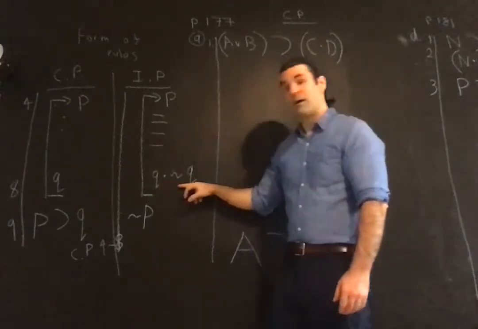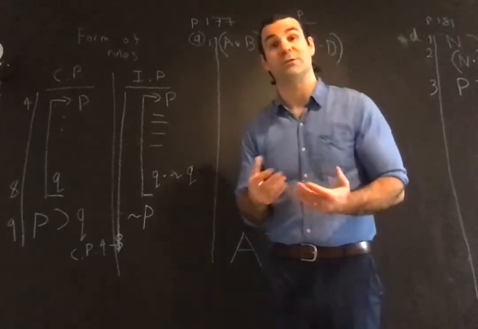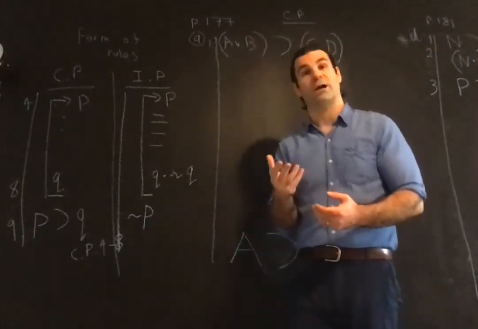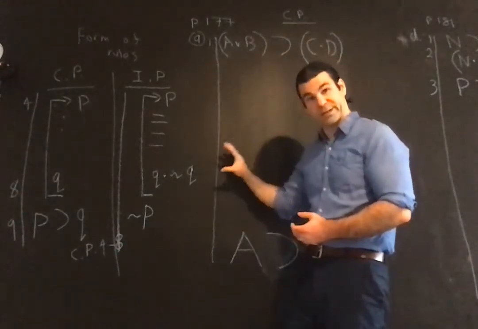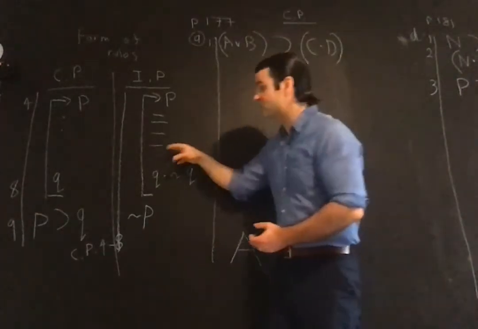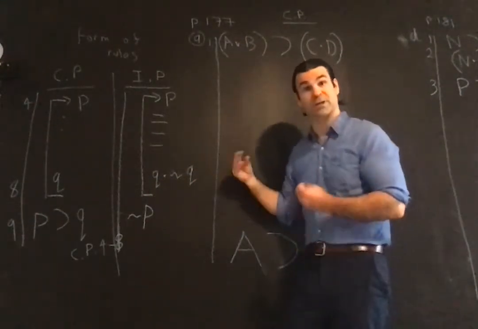And to properly apply the rule, of course, we are sticklers for rigor, you have to rigorously adhere to the structure or form of the rule. So the last step of the subproof has to be in the form Q and not Q. It has to be a conjunction.